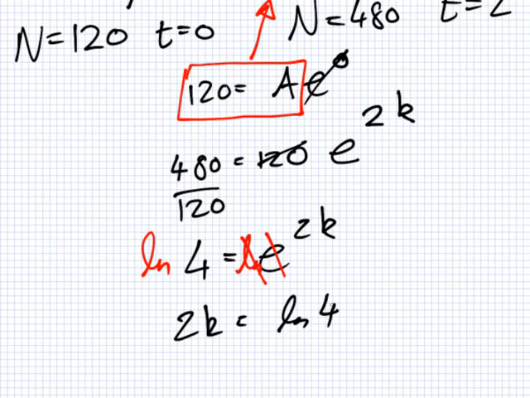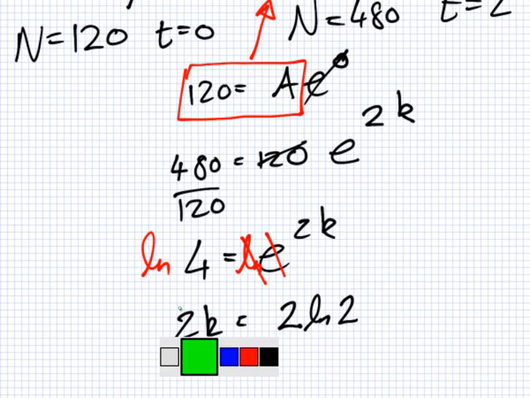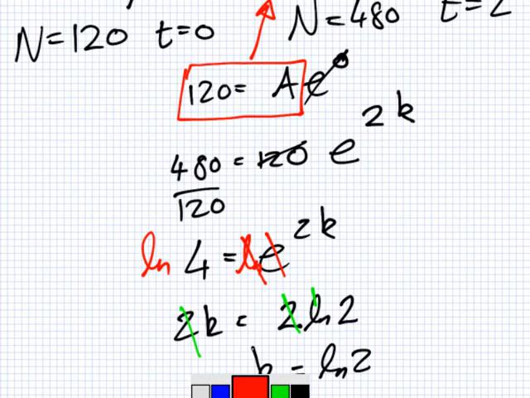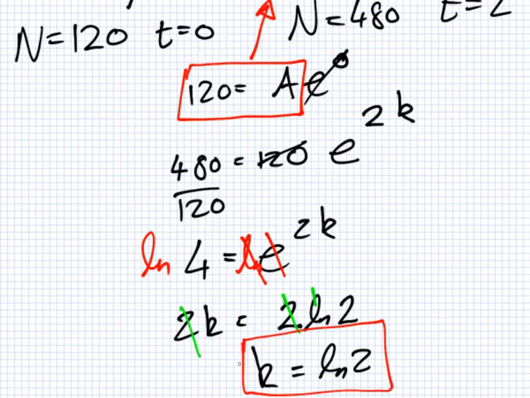But 4 is 2 squared, so you can take the 2 down in front, and then cancel the 2. So I get k equals log 2. And that answers the first part, finding A and k.